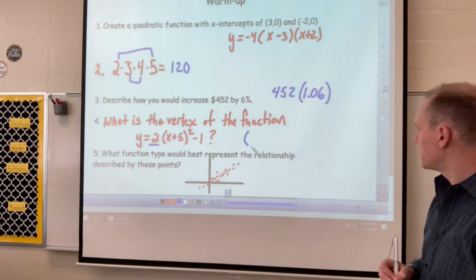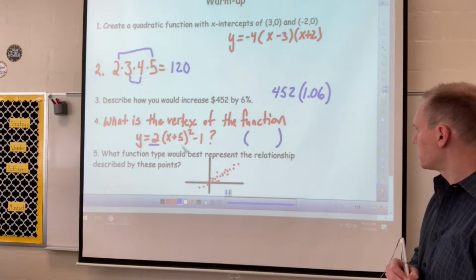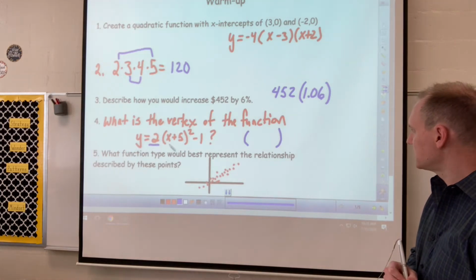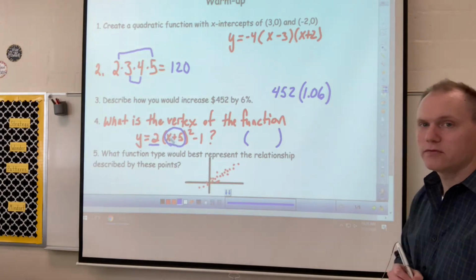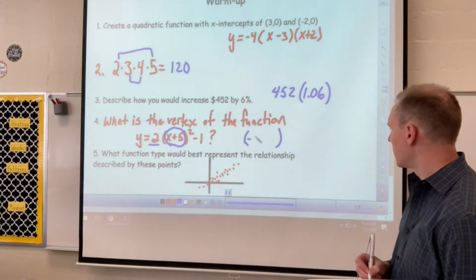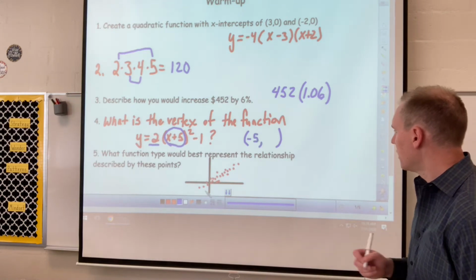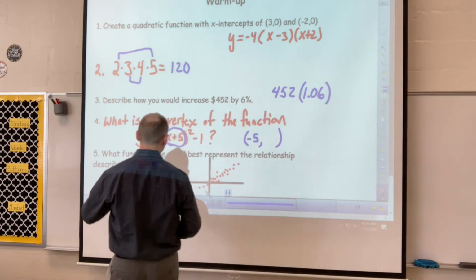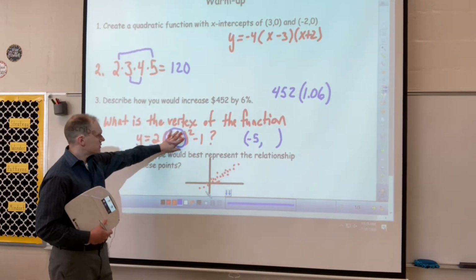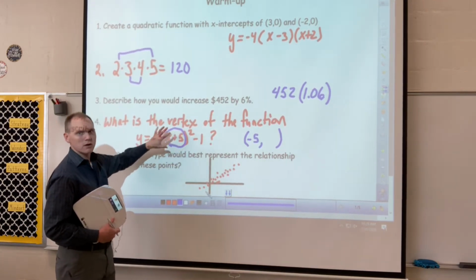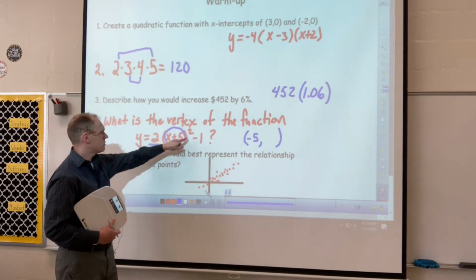But here, it's going to be whatever makes this 0. So what makes this parentheses 0? x being negative 5 would make that 0. So negative 5, comma. And then if we plug in negative 5 here, 0 squared is still 0, times 2 is still 0, minus 1.